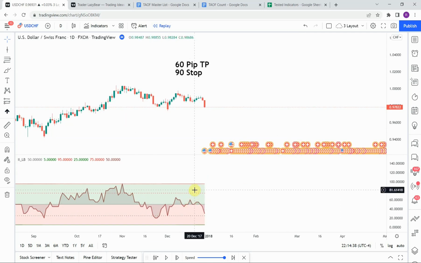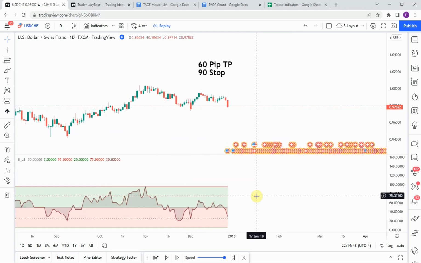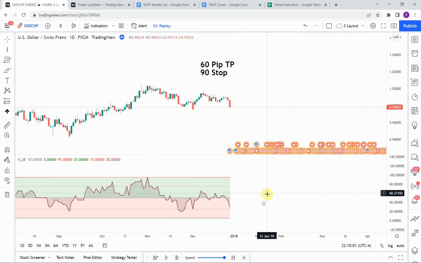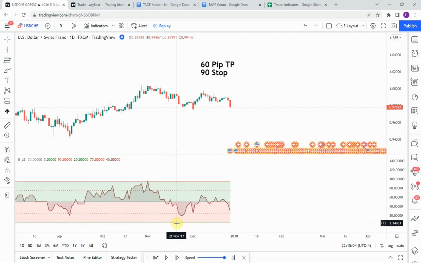The first would be that you would look for the oscillating line to cross up above the upper band, which is the 95 zone, and also look for that oscillating line to break down below the 5 zone.